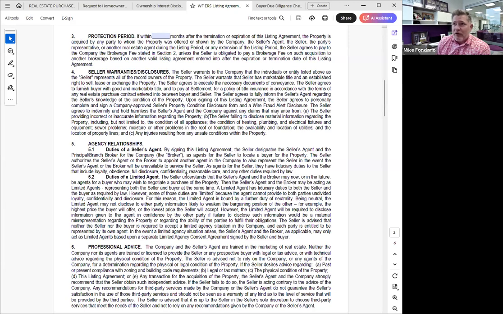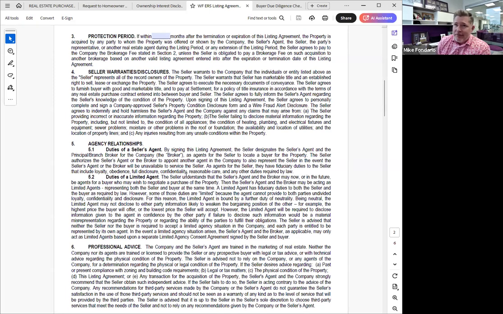Seller agrees to fully inform the seller's agent regarding the seller's knowledge of the condition of the property. Upon signing of this listing agreement, the seller agrees to personally complete and sign a company-approved seller's property condition disclosure form and a wire fraud alert disclosure.